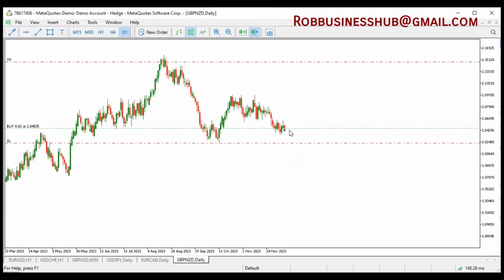Now, there is no way I'm going to lose more than $30 on this trade. There's no way I'm going to risk more than 3% of my account on this trade.